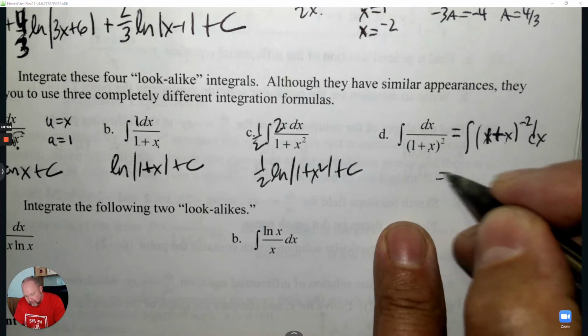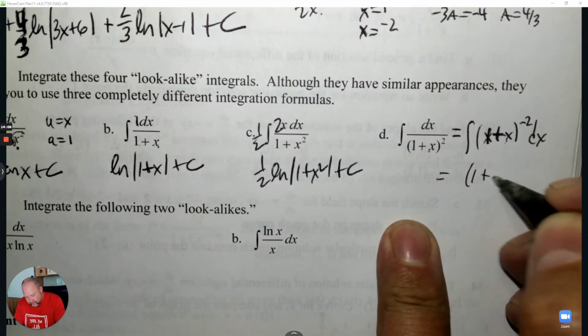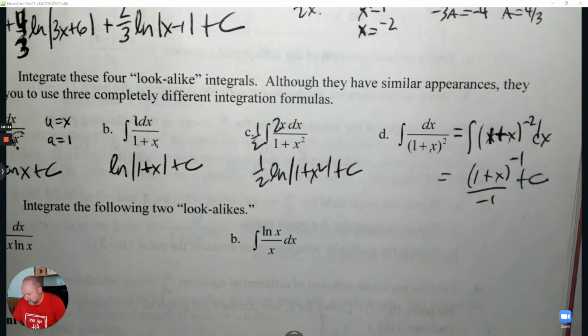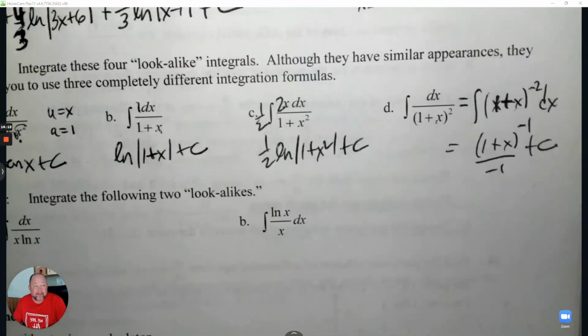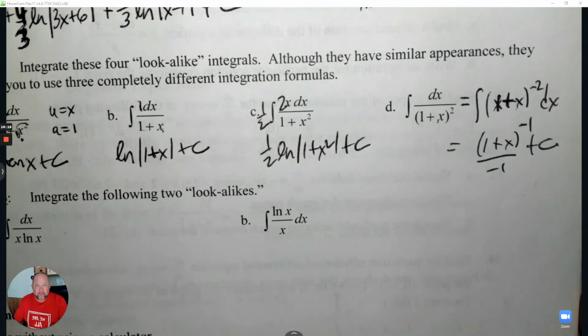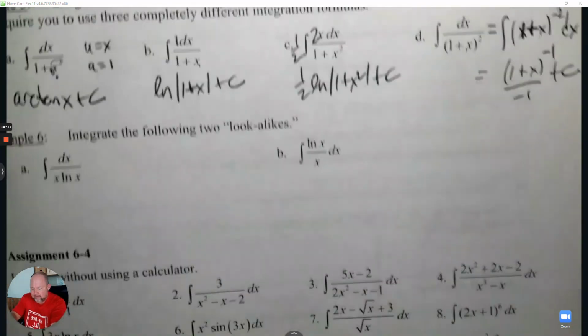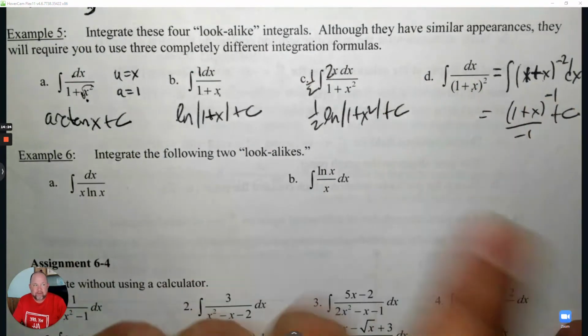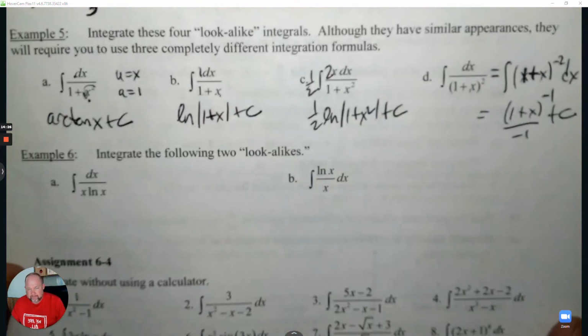So all I have to do is add 1 to the exponent and then divide and then plus c. That takes practice, right? To see the different forms and know what direction to go. Remember, we talked about how integration is like an art form, of solving a puzzle, right? This is what math people love, right? To try to figure out how to make it work.